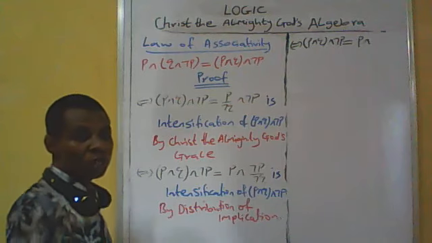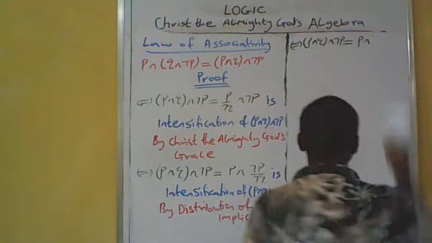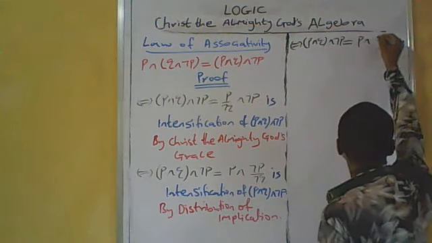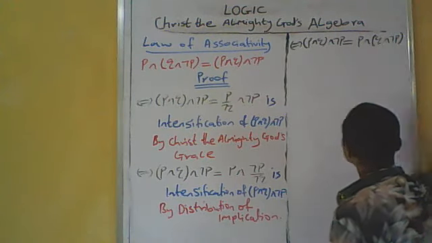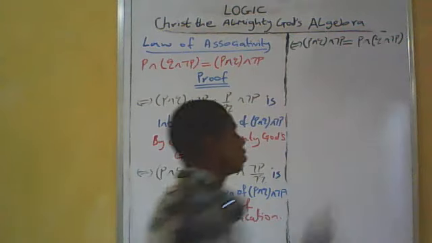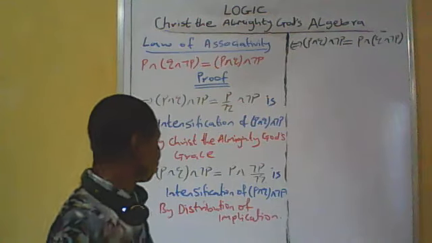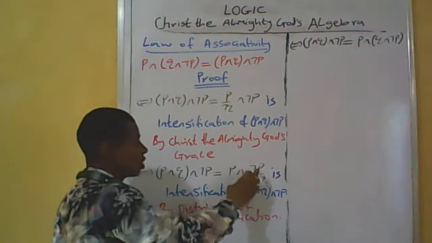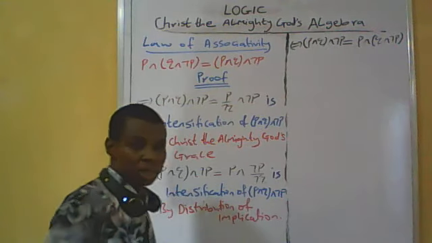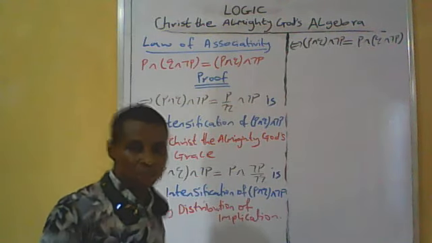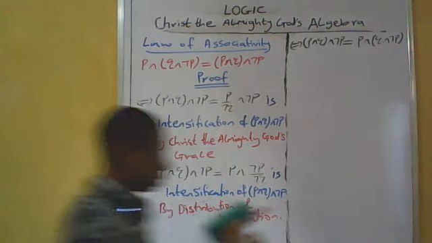So that's why we're going to revise it to a conjunctive statement. That is going to be bracket Q and not P. You see now it's equivalent. We revise this conjunctive statement to a conjunctive statement through Christ Almighty God's grace.